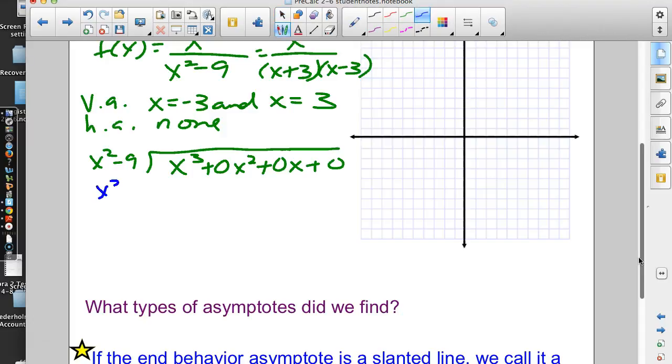So we have x squared minus 9, and we know we have to make that front term match. So we would use an x to get that to happen. And that would give us x cubed minus 9x. Now it did its job. We have an x cubed. Do you have to do long division, or can you separate it and get x?